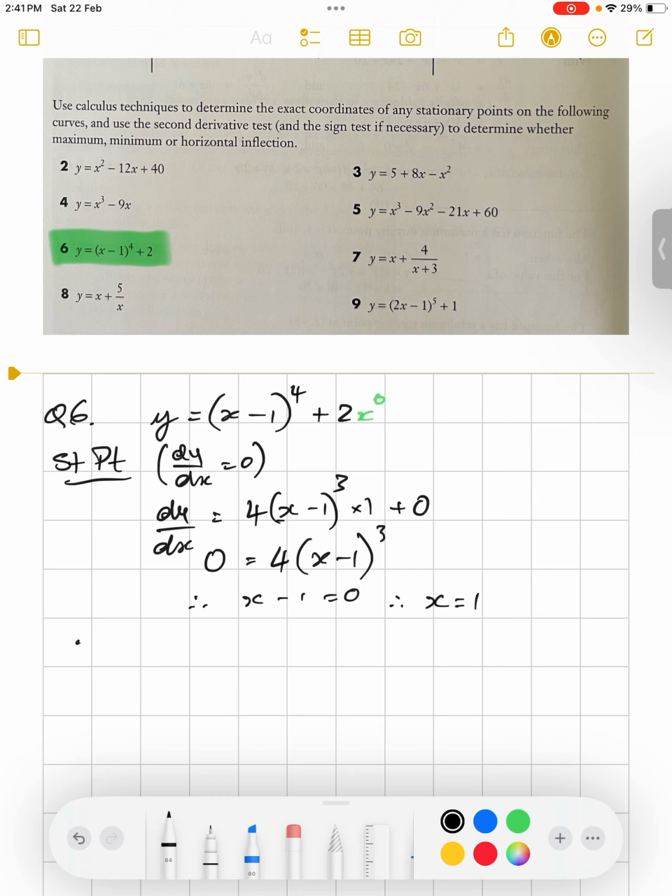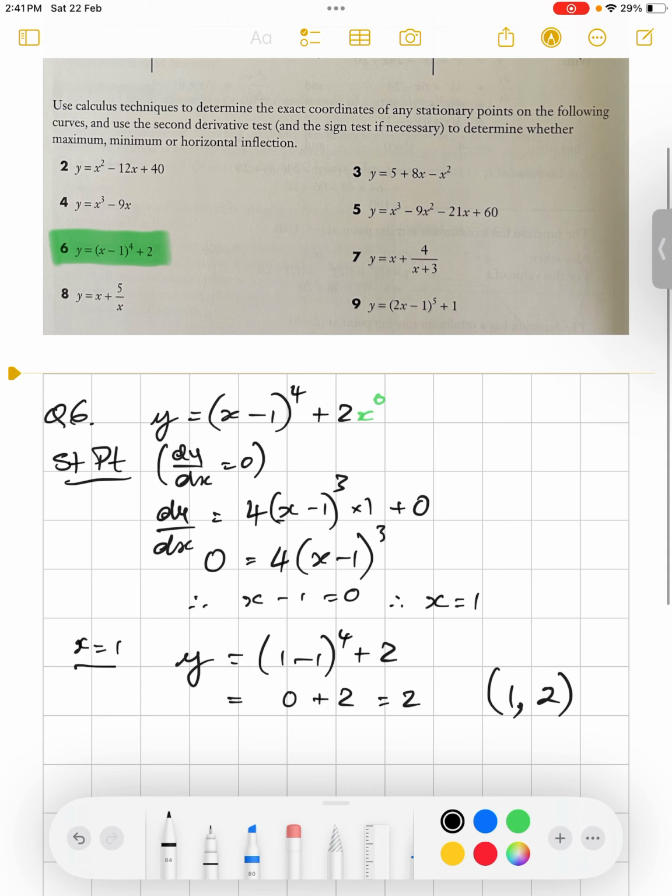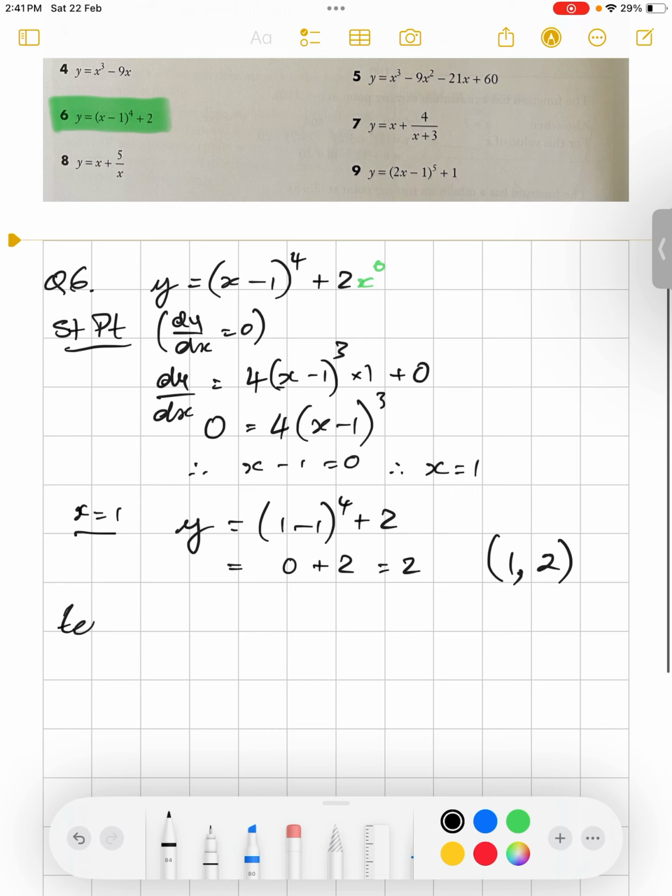Now you find the y value when x is 1 by substituting into the equation. So 1 minus 1 is 0, 0 plus 2 is 2. So there's a stationary point at (1, 2). Now we test this in the second derivative.